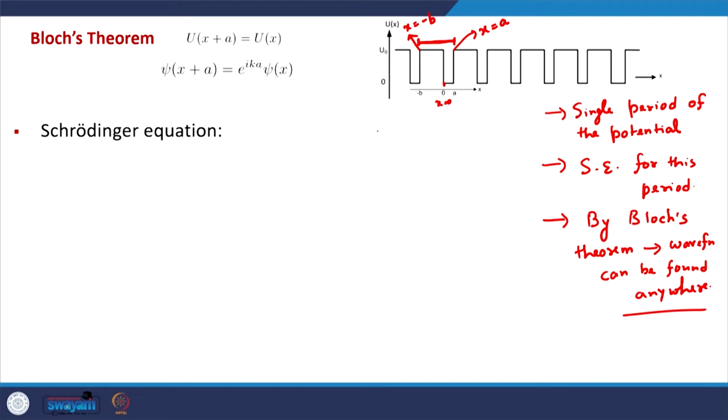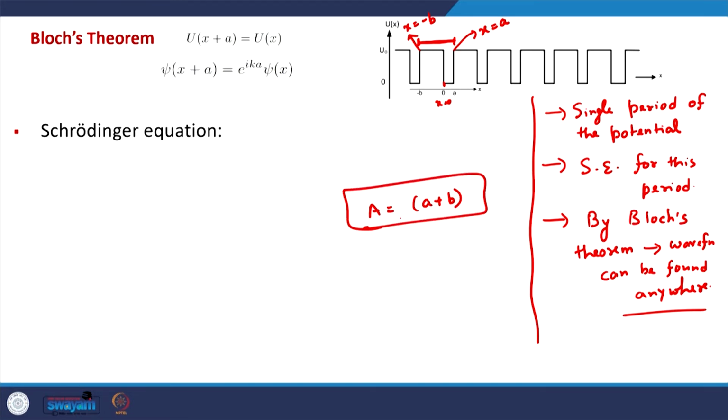So, in this case the period of the potential profile would be just a plus b. So, the potential repeats itself after a plus b distance in space in this particular 1D solid.